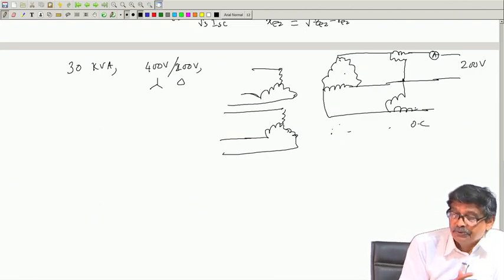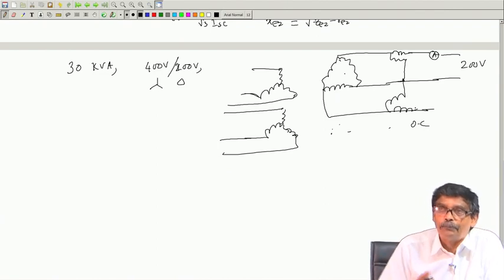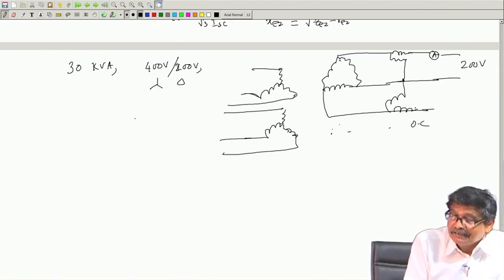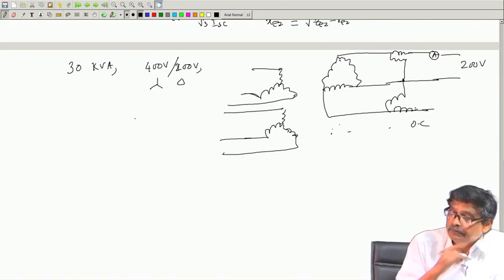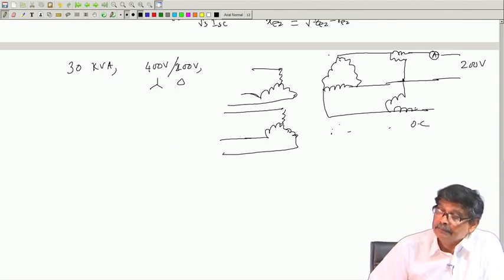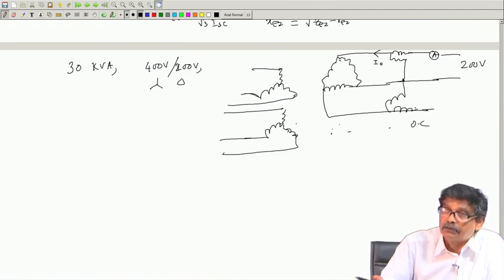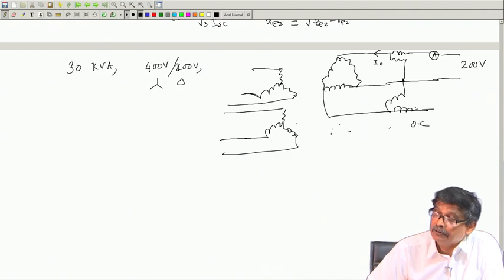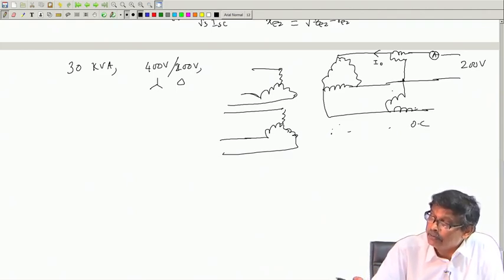Another way of doing it that looks more appropriate is like this. I will carry out the test, no doubt. I will say that look, this is the no load current you are carrying. I will start calculating per phase. What I will do? The per phase voltage applied to this winding is how much? 200 volt.